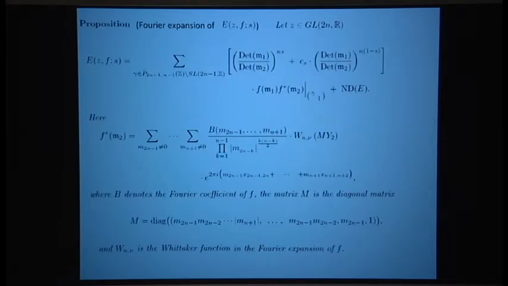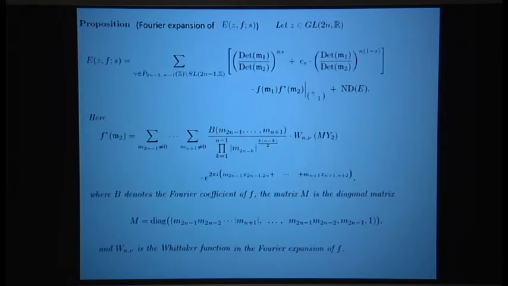Okay, so now we have the Fourier expansion of the cuspidal Einstein series. The first term is the degenerate term, average over the lower rank group, SL_{2n-1}, plus the non-degenerate term. The non-degenerate term is just the Einstein series integrated against a non-degenerate character, a generic character.